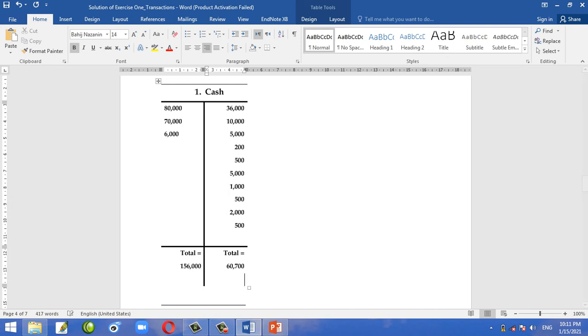You can write debit balance is equal to 156,000 minus 60,700, which is 95,300. 95,300 is the debit balance.